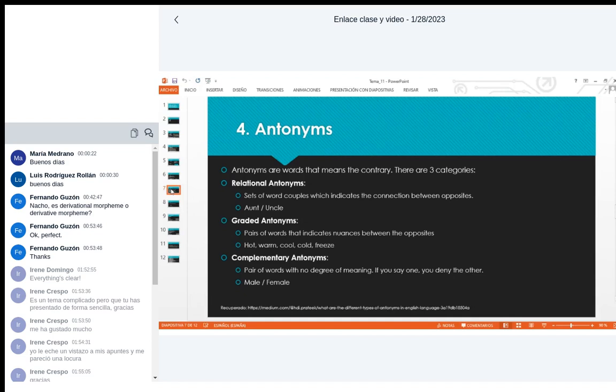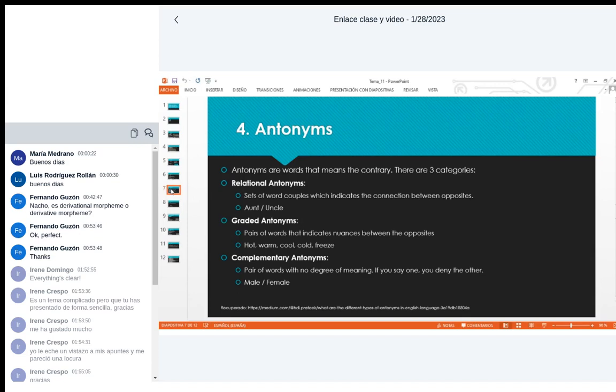So again, we have these nuances when we talk about antonymy. The graded antonym refers to words that may mean something different, but the meaning is graded. So, for example, hot, warm, and cool. The direct antonym of hot would be cold.